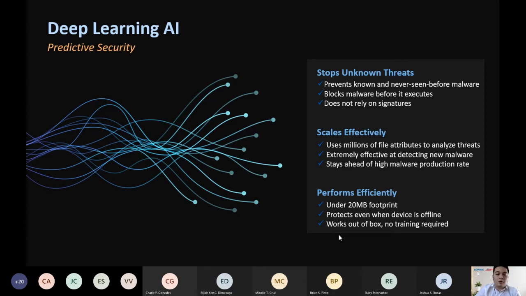We are also very efficient, with under 20 megabytes of footprint on the devices, and it protects even when the device is offline. And it works out of the box. No training required, actually. The deep learning AI works out of the box. It's just a matter of the engine of the Intercept X Advanced.